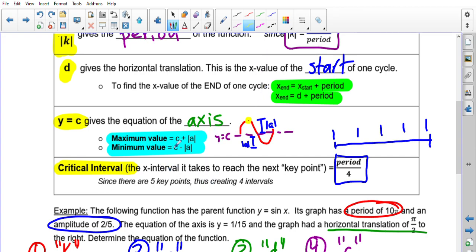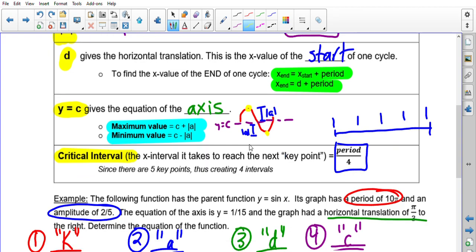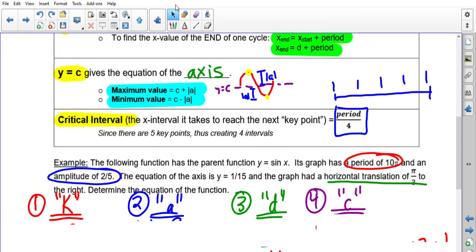If I want to find my min value, that's going to be c minus the amplitude. So I'm coming down here and finding what that y value is. And notice amplitude here is always the absolute value, because amplitude is the distance between max and min cut in half. Distance is always positive.